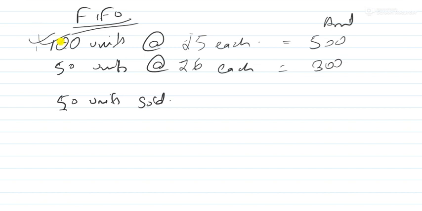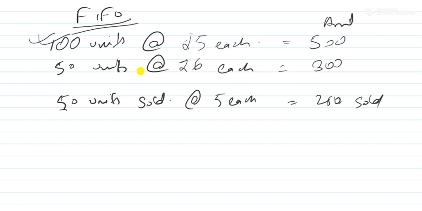First these 100 units will be sold, and then only any other unit will be sold. So 50 units I assume at the rate of 5 each. So 250 sold.